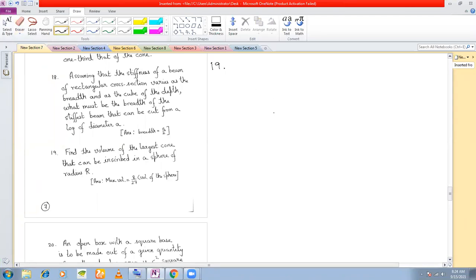Find the volume of the largest cone that can be inscribed in a sphere of radius r. So I have a sphere in which I inscribe a cone.